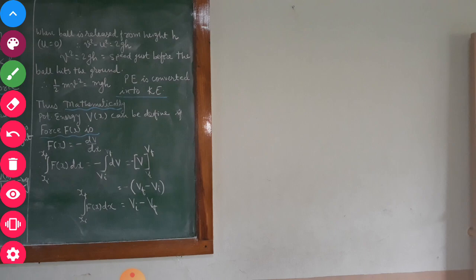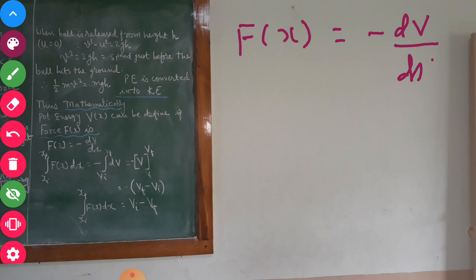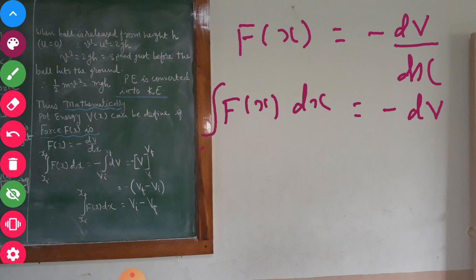Say for example you have f of x, the force at any distance x, equal to minus dV by dx. Multiply by dx, so f of x dx is equal to minus dV, and to find the total work done we take the integration from the initial point xi to the final point xf. The potential energy initially is Vi and finally is Vf.